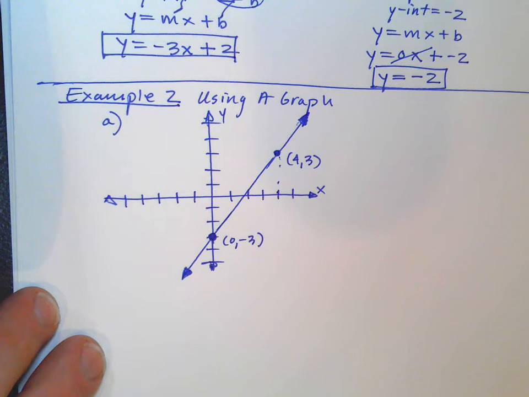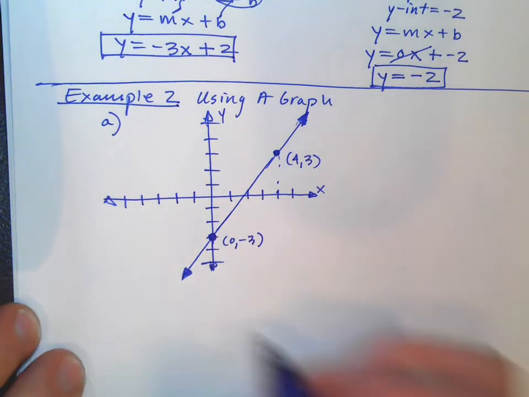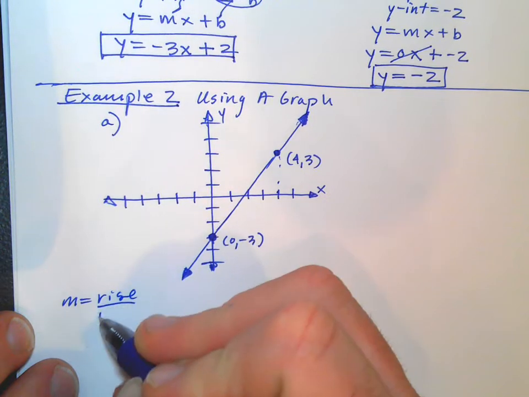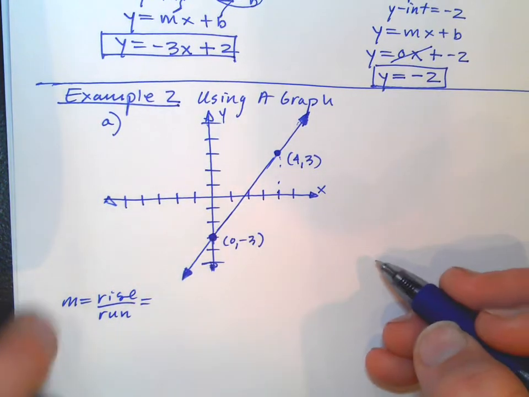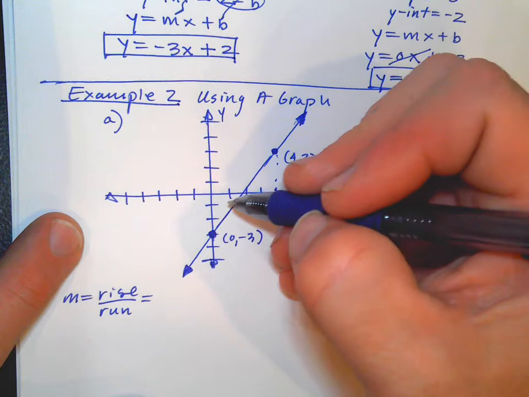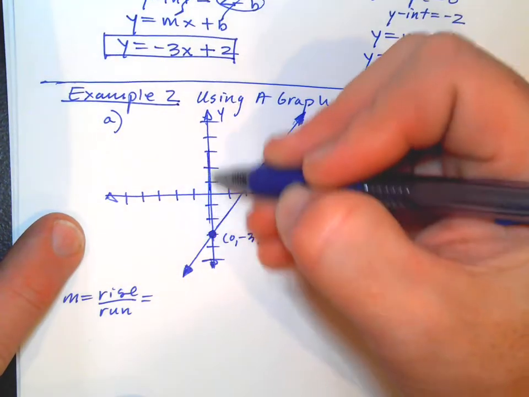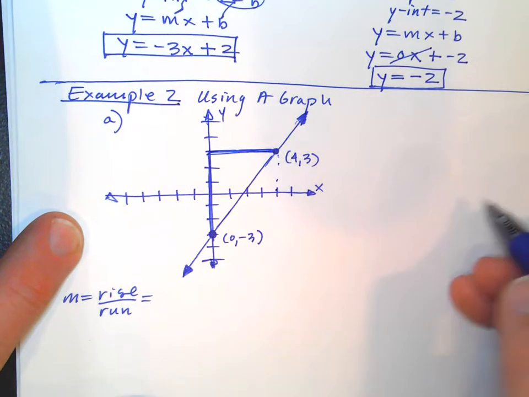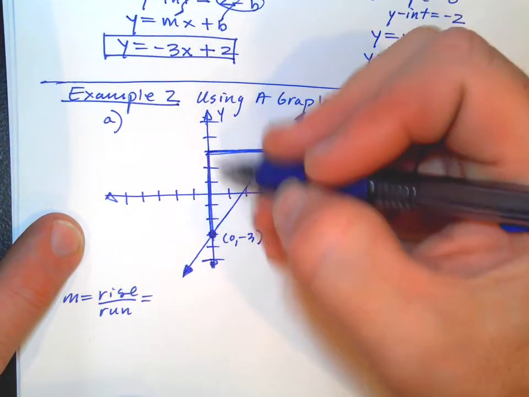Okay? So we need to find the slope, which we could also think of as rise over run. And if you have a picture of the graph, you could just count the squares. Now, it might help to draw a vertical line and a horizontal line between the 2 points. This is your rise.